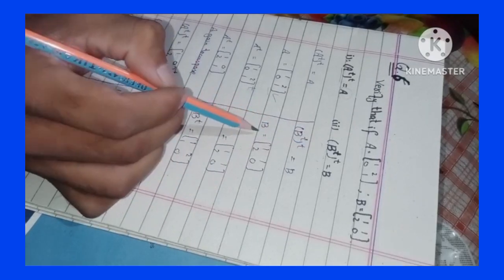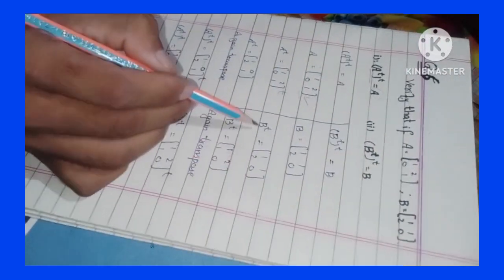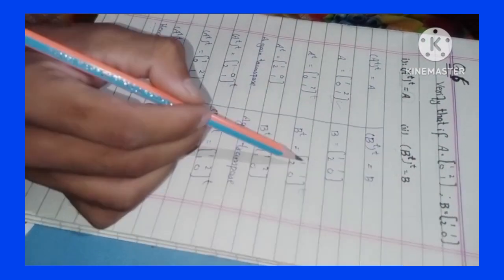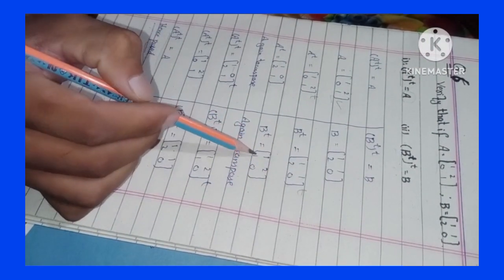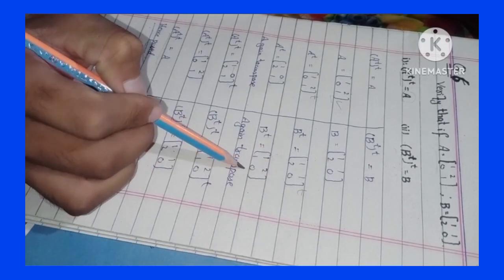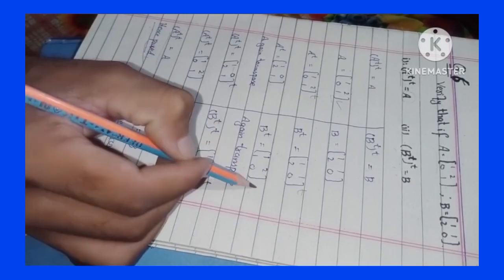Similarly, we take matrix B and we take its transpose. 1, 1 is the first row changed into a column, 2, 0 is the second row changed into a column. Again the transpose of this matrix.